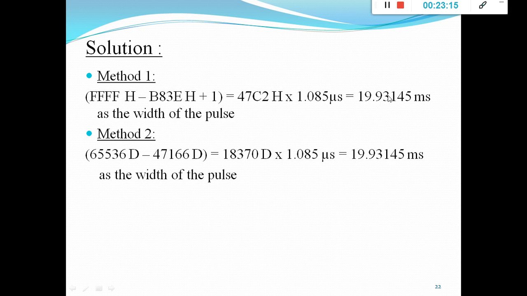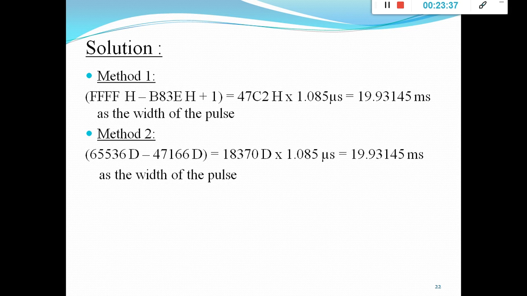These values are the half width of the pulse. If you want to calculate the entire delay, you have to multiply this value by 2. When you multiply 19.9314 by 2, you get the entire time delay. The same applies for the other method.